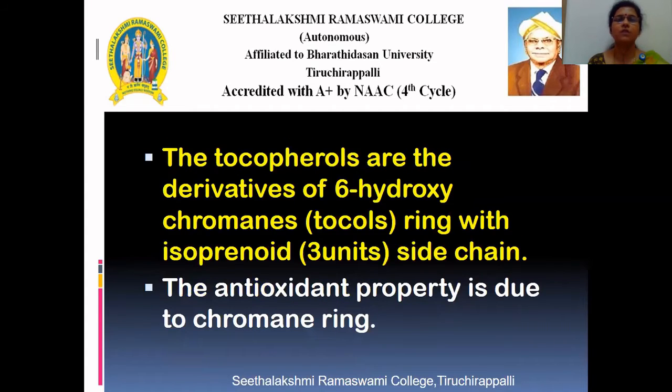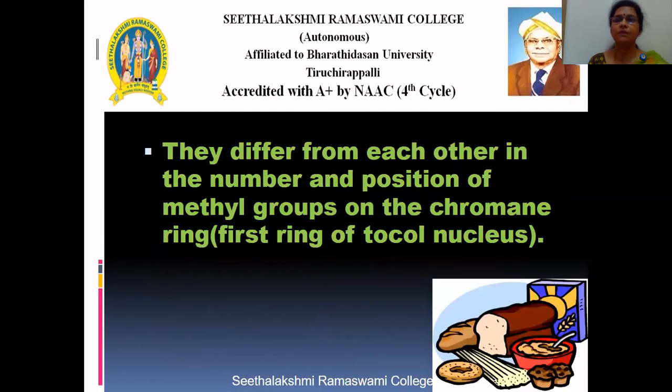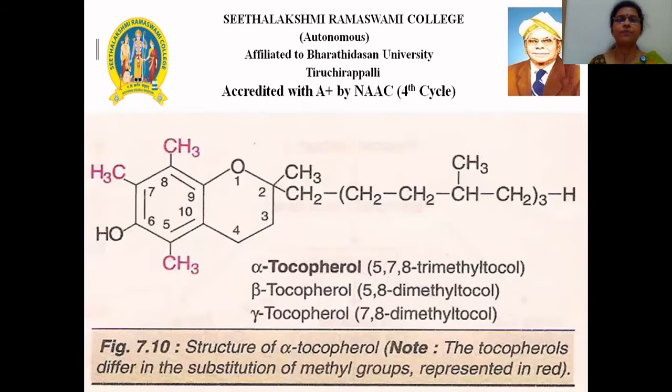The tocopherols are the derivatives of 6-hydroxychromane ring with isoprenoid side chain units. The antioxidant property is due to the chromane ring. They differ from each other in the number and position of methyl groups on the chromane ring. The chromane ring is nothing but the first ring of the tocol nucleus.